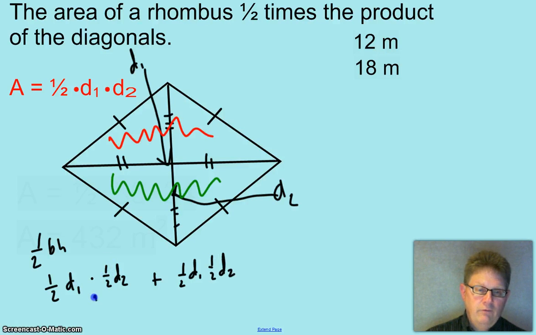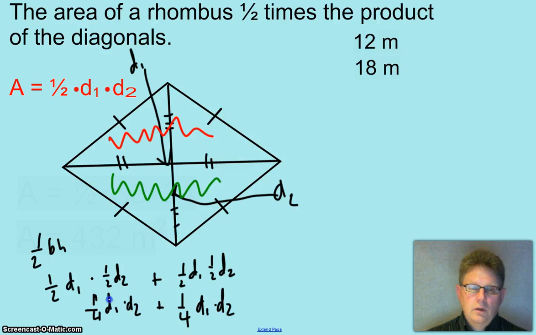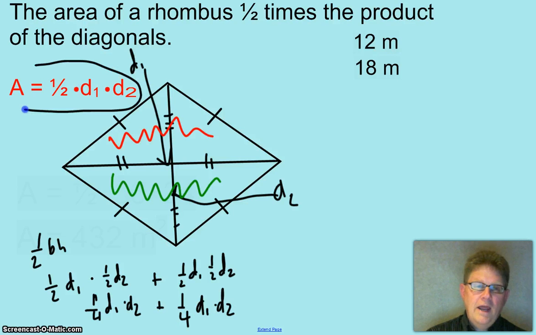So multiply the 1/2 times 1/2, 1/4 diagonal 1 times diagonal 2 plus another 1/4 diagonal 1 times diagonal 2. 1/4 plus 1/4, 1/2 diagonal 1 times diagonal 2. That's where that formula comes from. Let's now go ahead and put that into practice.